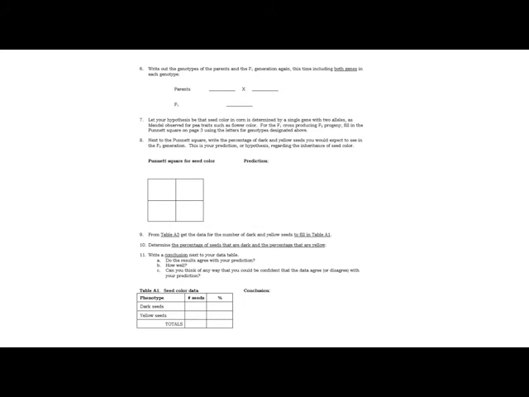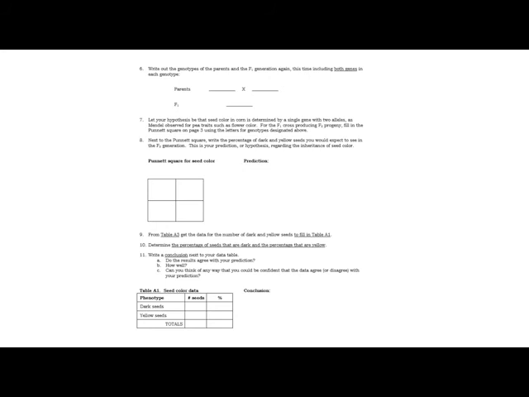Maybe I had 150 dark seeds, and when I divided that by 200, I got 75%. That's what I actually got on table A1 from counting the actual corn. But when I go to the Punnett square, my prediction was only 50% dark. At that point I would say to part 11A that no, my result did not agree with my prediction.